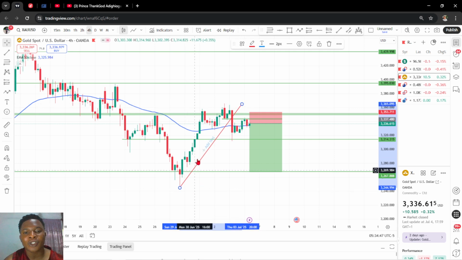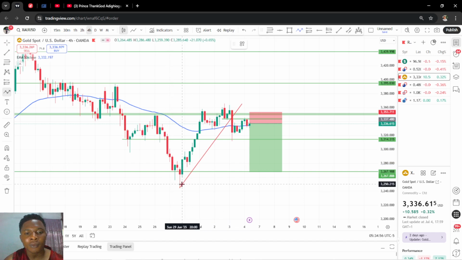So it was still trending to the upside, and this was the previous, okay, let me show you. This is higher high, higher low, higher high, higher low, higher high, higher low. Then it fell to create another higher high and created an equal high.